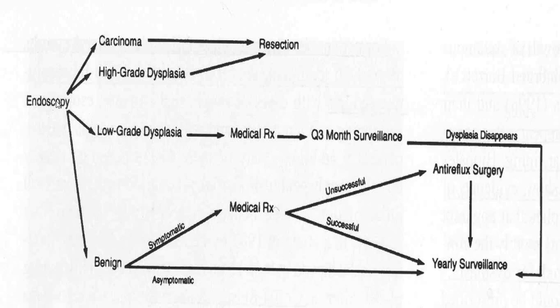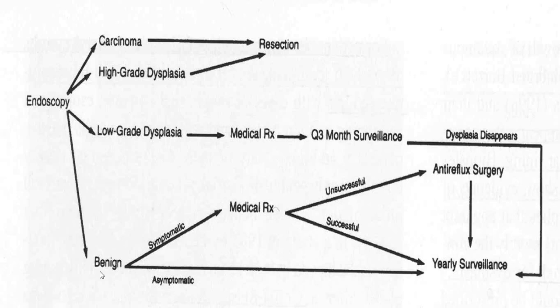On endoscopy, if there is a carcinoma, resection is a must. High grade dysplasia, resection. If there is a low grade dysplasia, medical treatment, wait for some period of time. If dysplasia disappears, you can go for repeat investigations and follow up.